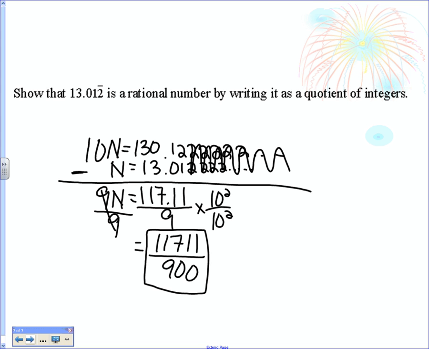They wrote mine as a decimal. 13.012222. So did we probably do it correctly? Any questions here? Did you see how these work? Are these great because you can check your work? You can check your answer immediately. Plug it in. If you don't get that, you did something wrong. Does that make sense? Any questions?